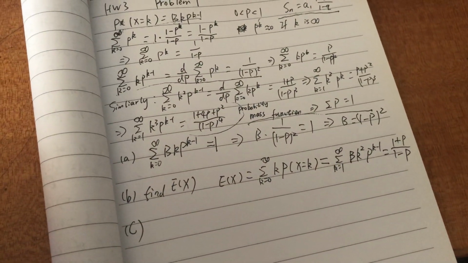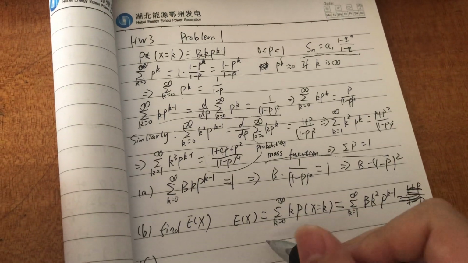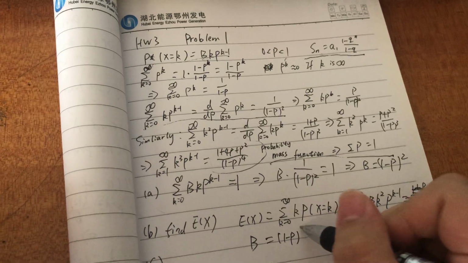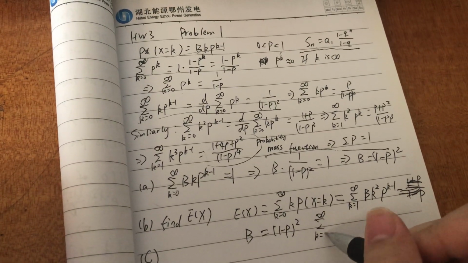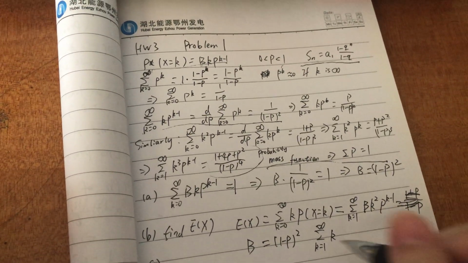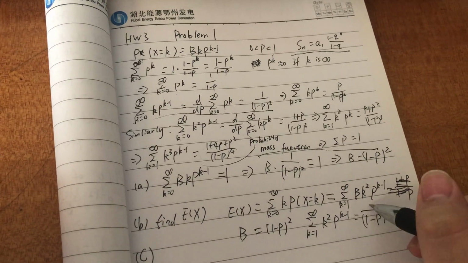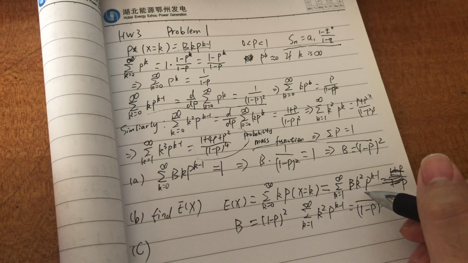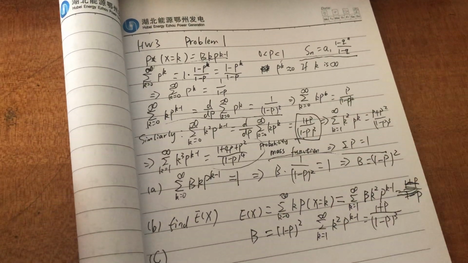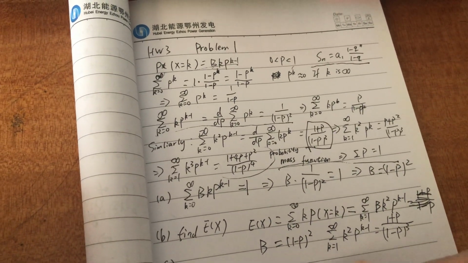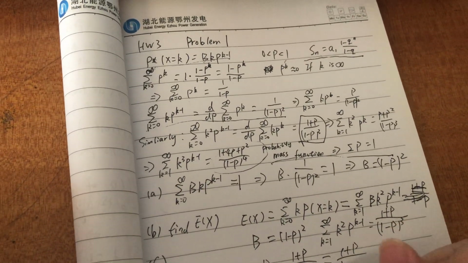And we have the third question. This one we can get more specific, because b equal to (1 minus p)^2, and we plug in the sum of k equal to 1 to infinity of k^2 times p^(k-1) equal to (1 plus p) over (1 minus p)^3. Then b times (1 plus p) over (1 minus p)^3, and you can get (1 plus p) over (1 minus p).